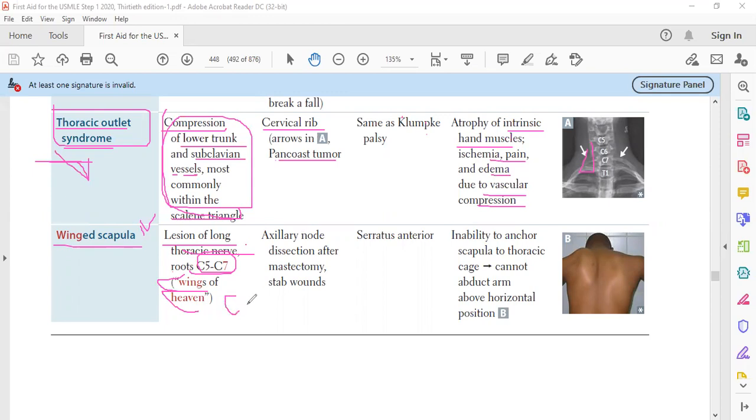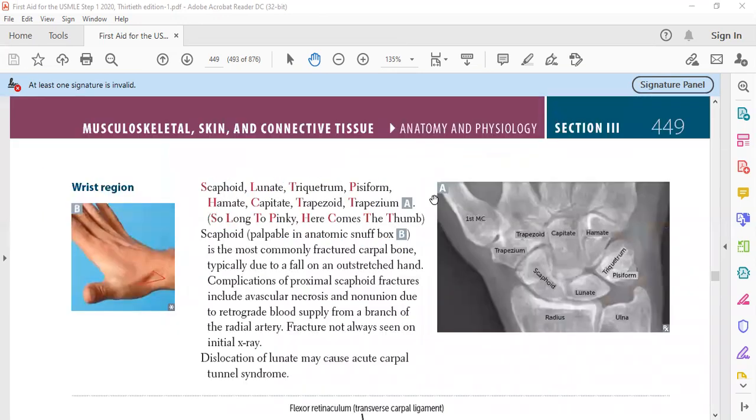C5 to C7, wings of heaven. Causes include axillary node dissection after mastectomy and stab wound. The serratus anterior holds the scapula to the thoracic cage, so the person cannot abduct the arm above the horizontal position. So let's move to the next.